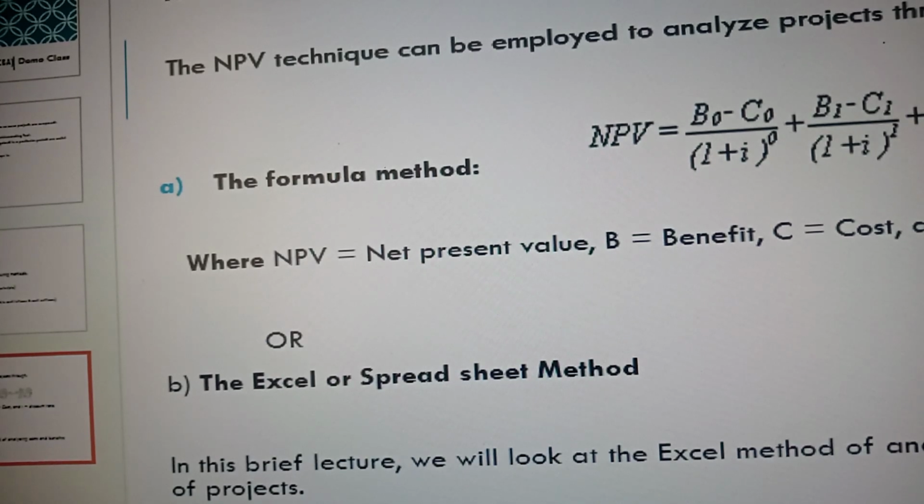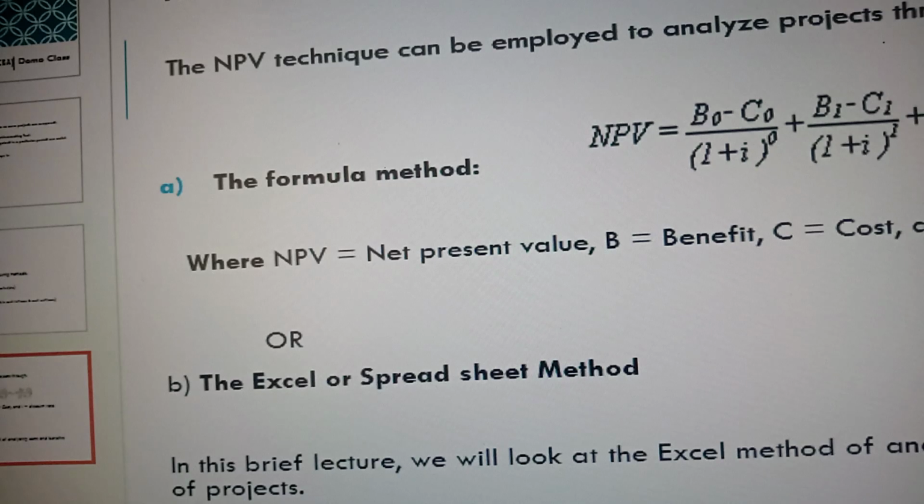There are two ways of using the net present value technique to solve a cost-benefit problem. We have the formula method, and we can also use the Excel, or what is called the spreadsheet, method. With the formula method, which is a bit complex, we have the NPV equal to B0 minus C0, divided by what is called the discount factor.